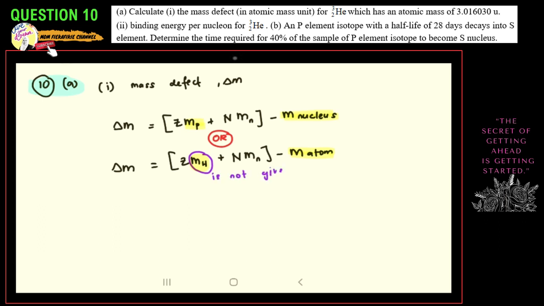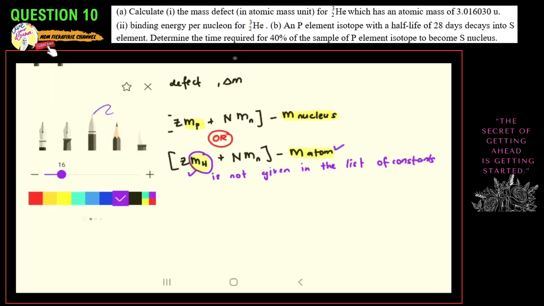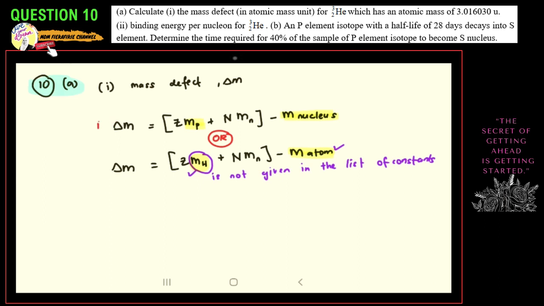Yang dekat depan tu dia tak beri, okay? Tapi kalau dia bagi dalam soalan, then you ada mass of atom dan mass of hydrogen pun dia bagi dalam soalan, then you can use the second one. Okay? But for this case, I will use the first one.